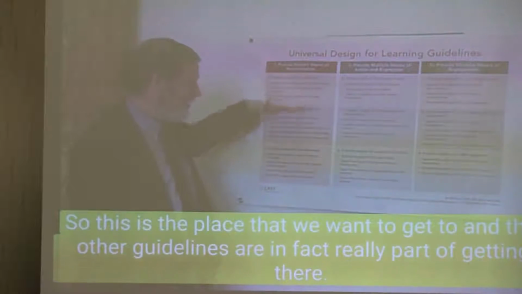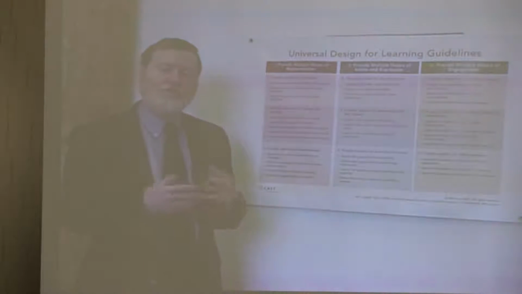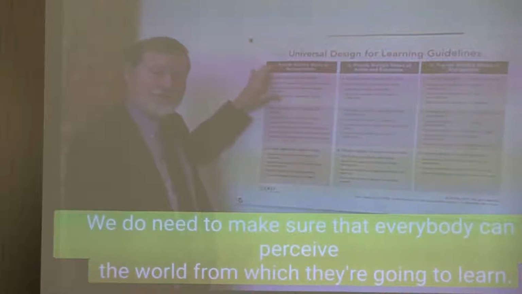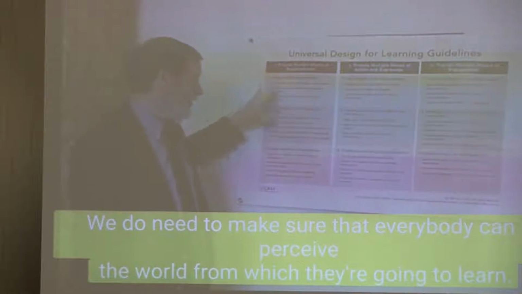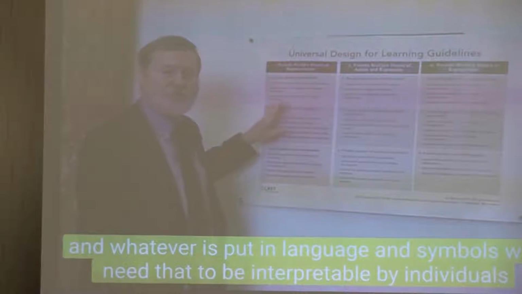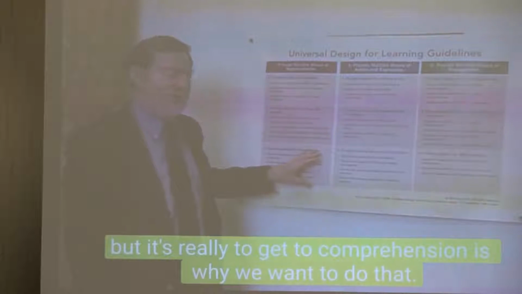And the other guidelines are, in fact, really part of getting there. We do need to make sure that everybody can perceive the world from which they're going to learn. And whatever's put in language and symbols, we need that to be interpretable by the individuals. But it's really to get to comprehension when we want to do that.